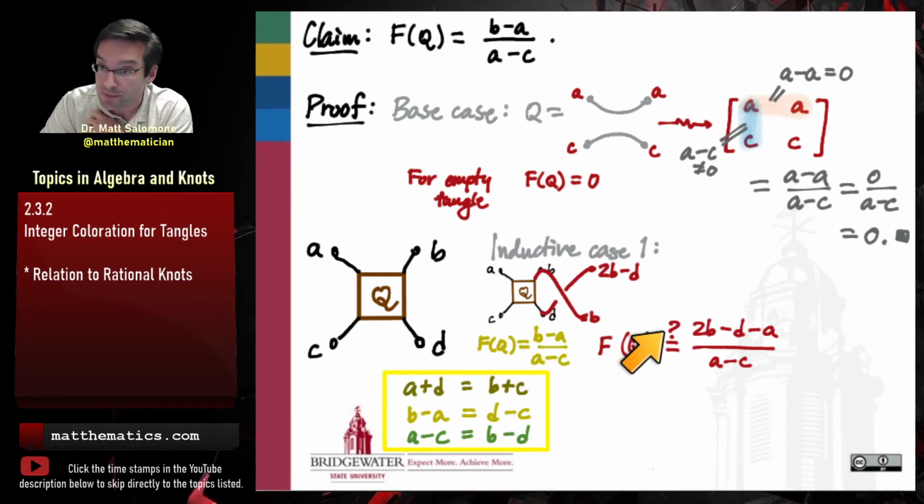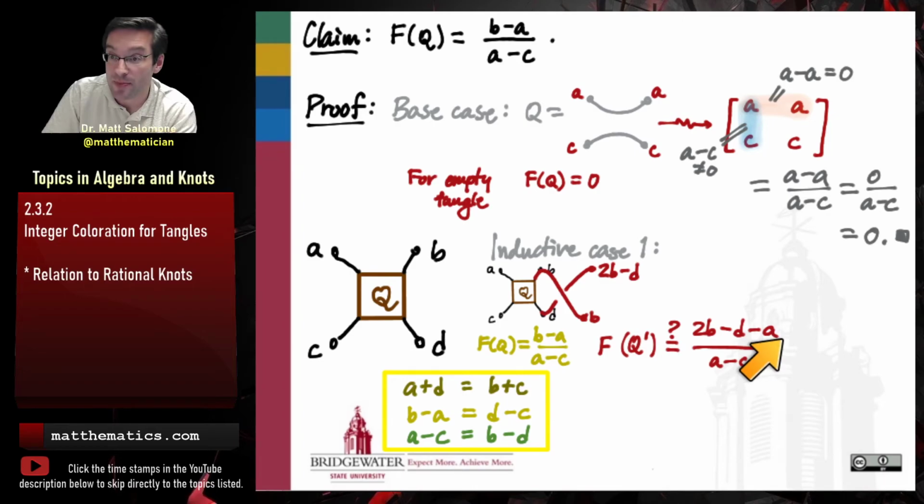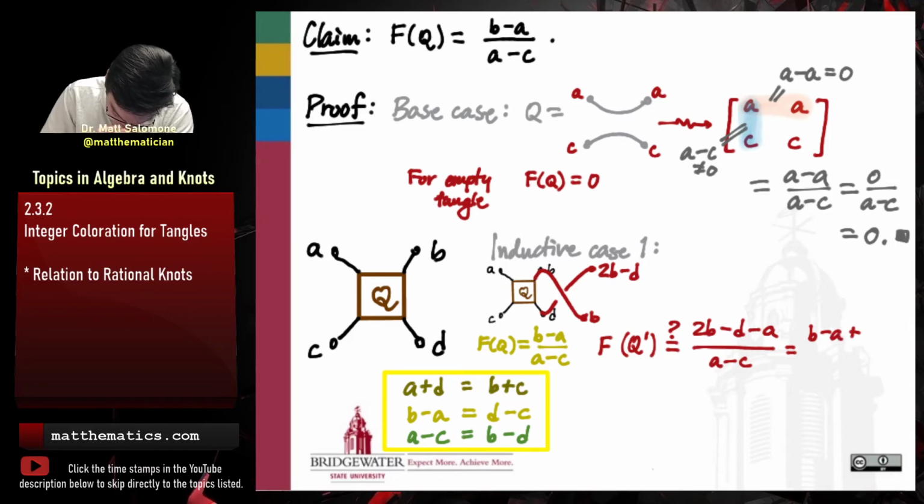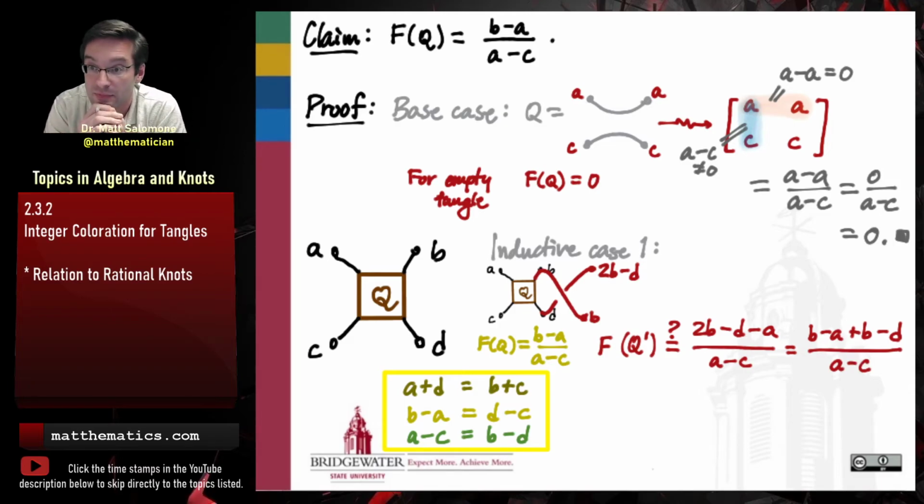So to figure that out, I'm just going to split apart this 2B here into a B plus a B, right? So that I can get one of those B's together with this minus A over there. So we'll write this as B minus A plus B minus D divided by A minus C. Not too controversial, I hope, right?